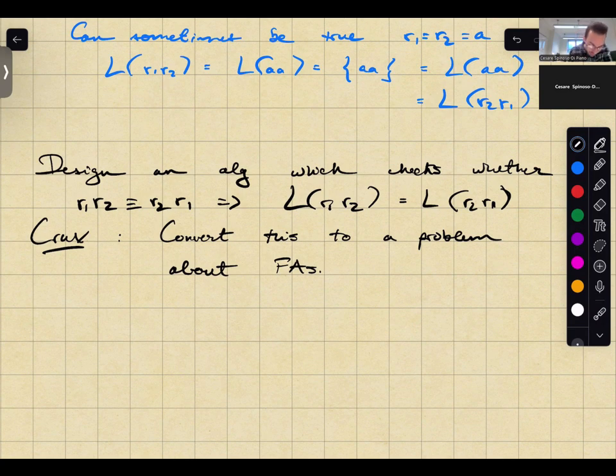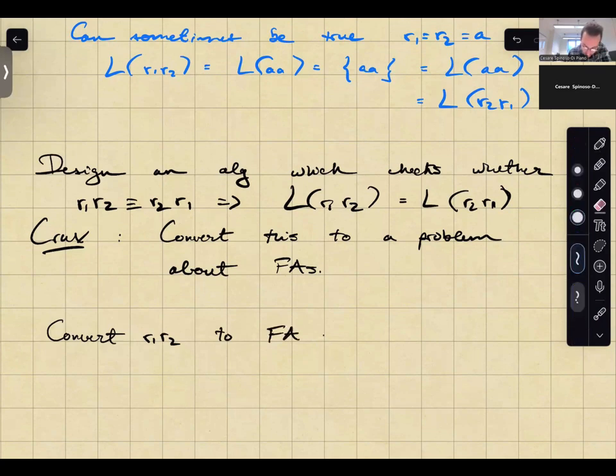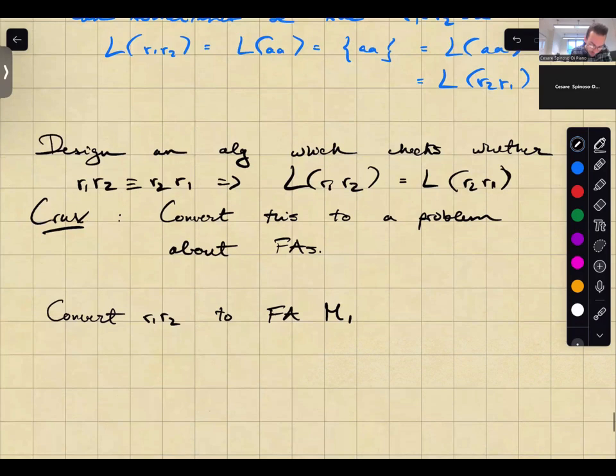So in particular, if I want to convert r1, r2 to an FA, let's call it M1, then what I can do is, well, I know that there's a corresponding FA for R1, let's call it N1, and a corresponding FA for R2, let's call it N2.